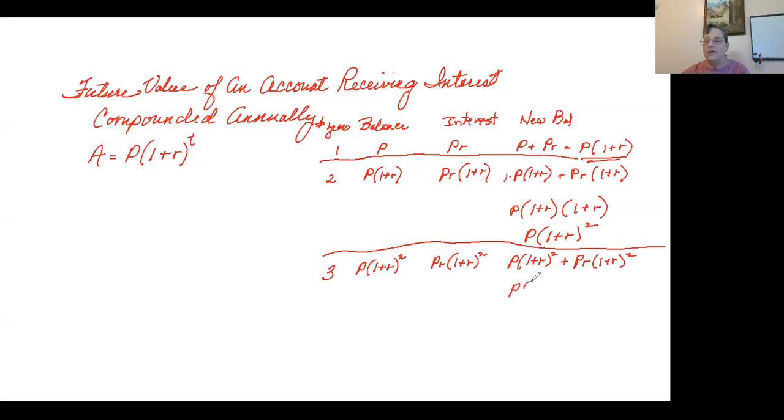Again, I can factor out the P, I can factor out the (1 plus R) squared, and that's going to leave a 1 from this first term, plus an R from this term. So the new balance is P times (1 plus R) cubed. Since the number of years is going to be T, then that means after T years, it becomes P times (1 plus R) to the T, hence the formula here.